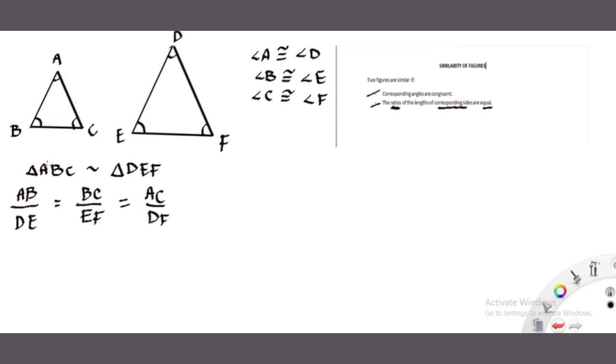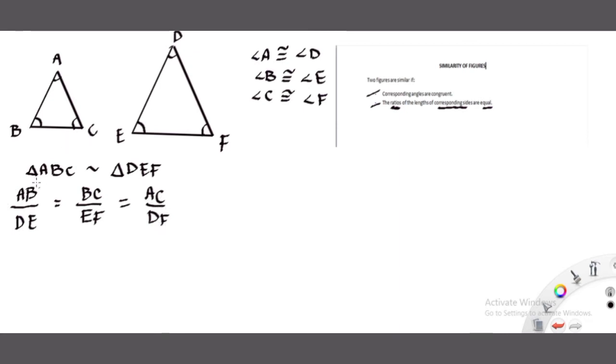Okay? Or we can have the combination or equation lang ng ratio ng two sides. So we can have here AB over DE is equal to BC over EF. Or itong dalawa lang na to, BC over EF is equal to AC over DF.